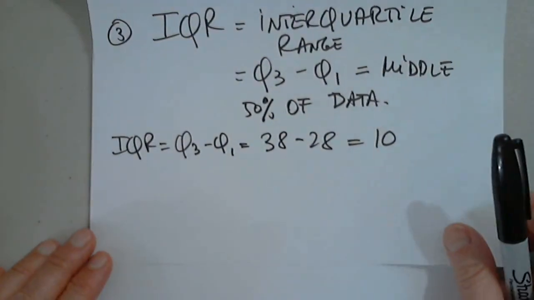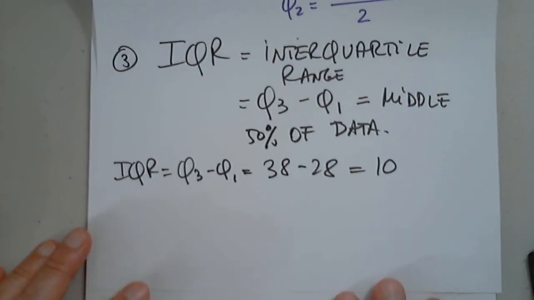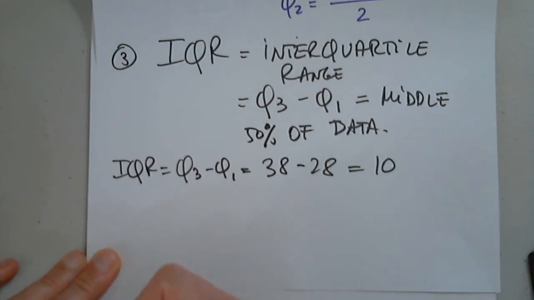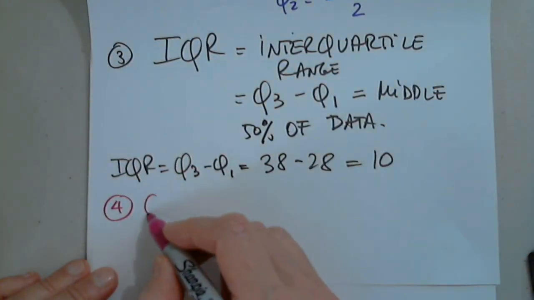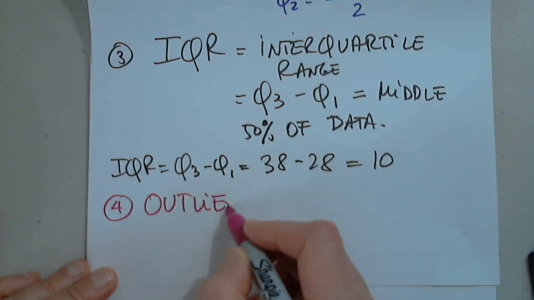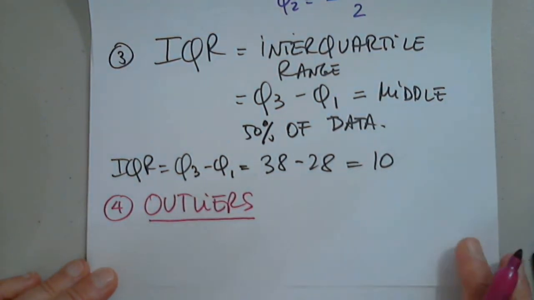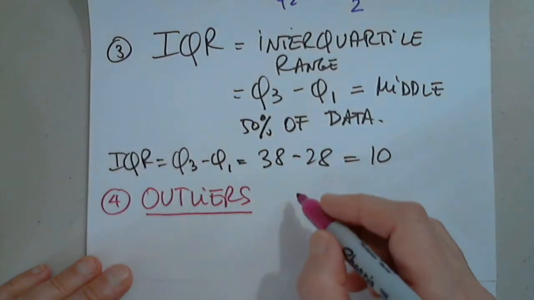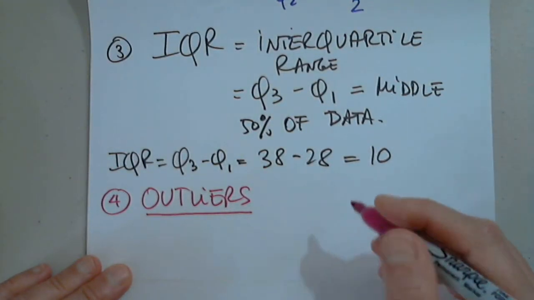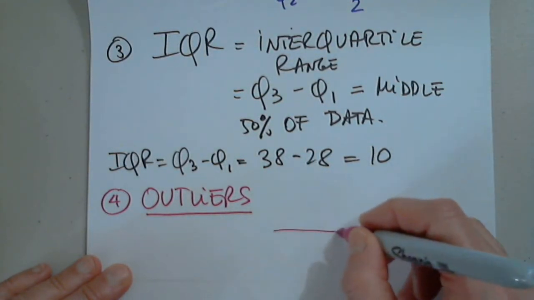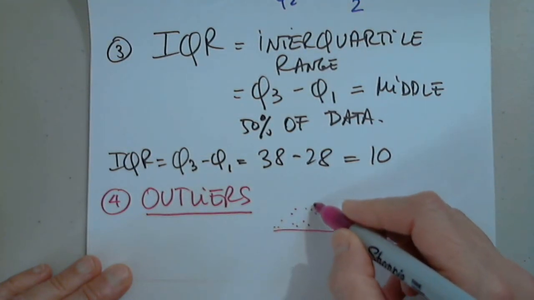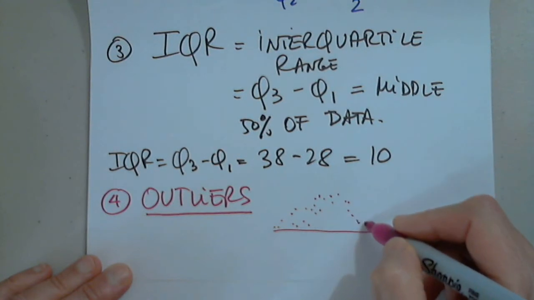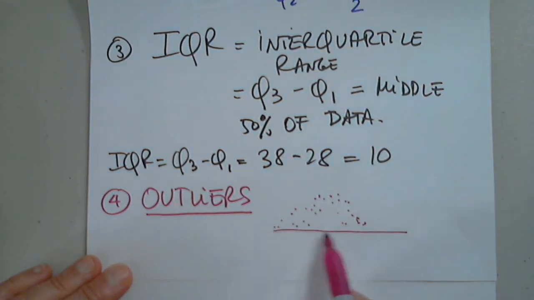Okay, another very important item here is number 4, which deals with outliers. So here's a situation with an outlier. So let's suppose I plot the observations, and I get everything in a cloud like this.